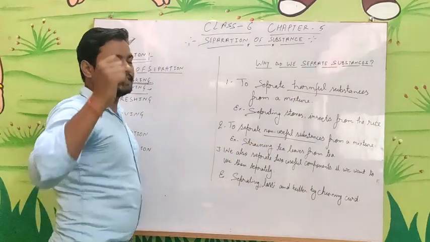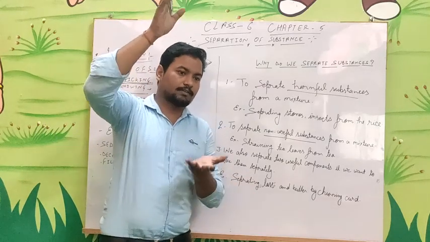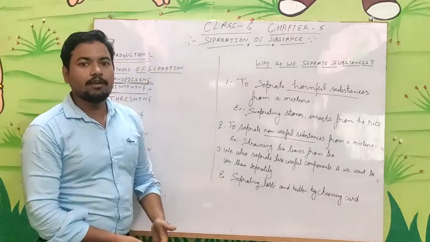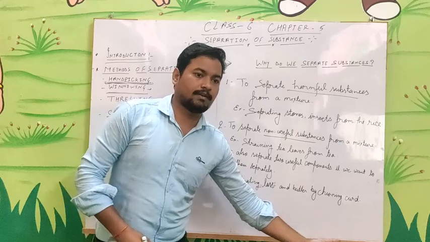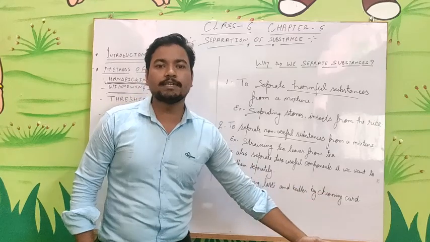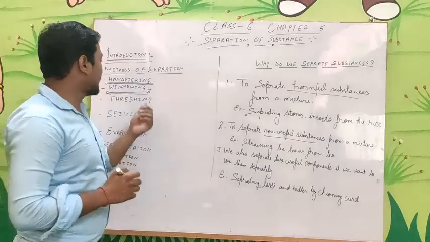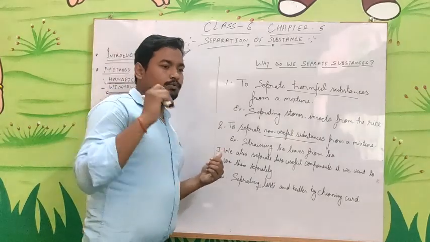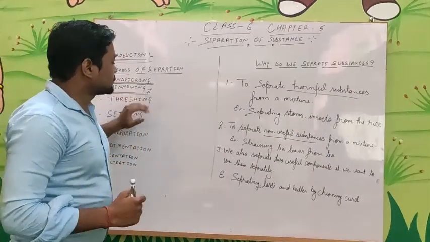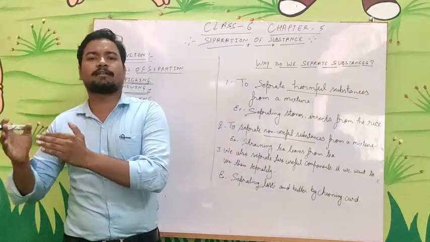In your villages, the farmers take a basket and drop the grains, and the heavier grains fall near the farmer while the lighter things that are not useful fall away from the farmer. This is called winnowing. It is useful for farmers and also for us, because with winnowing we can separate the dust from many types of grains, pulses and rice.